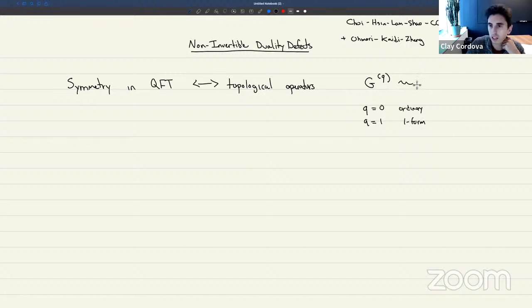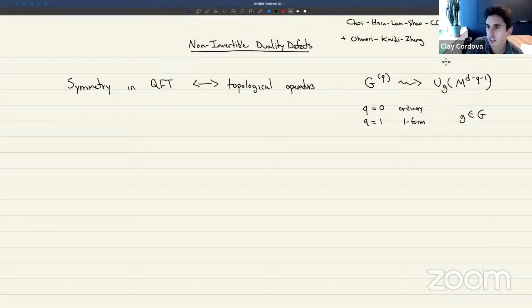And given a theory with this symmetry, we have some topological operators defining the symmetry, which we'll denote by U_g of M. So here, little g is some element of big G. It's a particular symmetry group, a symmetry element action.